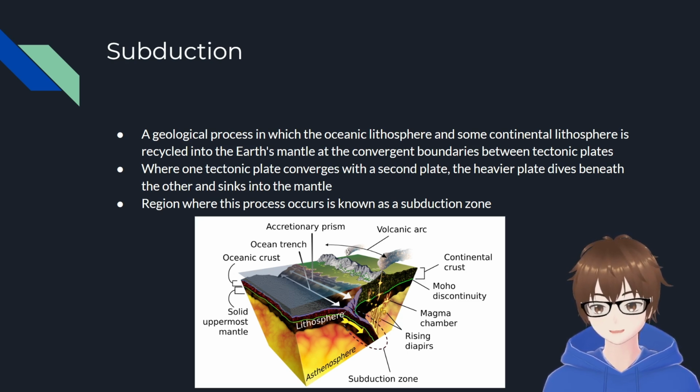And this is where one tectonic plate will converge with a second plate and go underneath it, and the heavier plate will dive beneath the other and sink into the mantle. So basically, look at the picture here. One plate will go down, one will go over it. That's basically what it's saying. And the region where this process occurs is known as a subduction zone. And then you can look here at subduction.